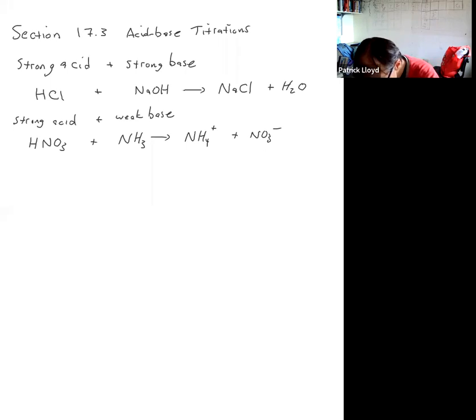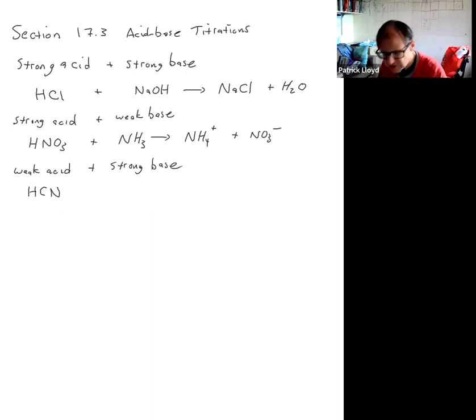A third would be to have a weak acid and react that with a strong base. See, we're just going through all the possible combinations. So for that particular reaction, an example of a weak acid, well, there's many of them. We could use hydrocyanic acid, right? That's HCN. That's the acid that historically was used in gas chambers to execute people.